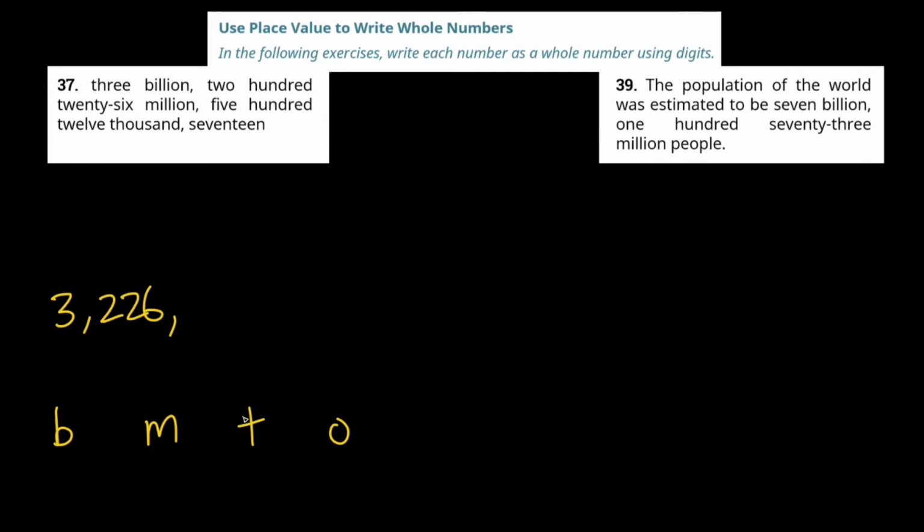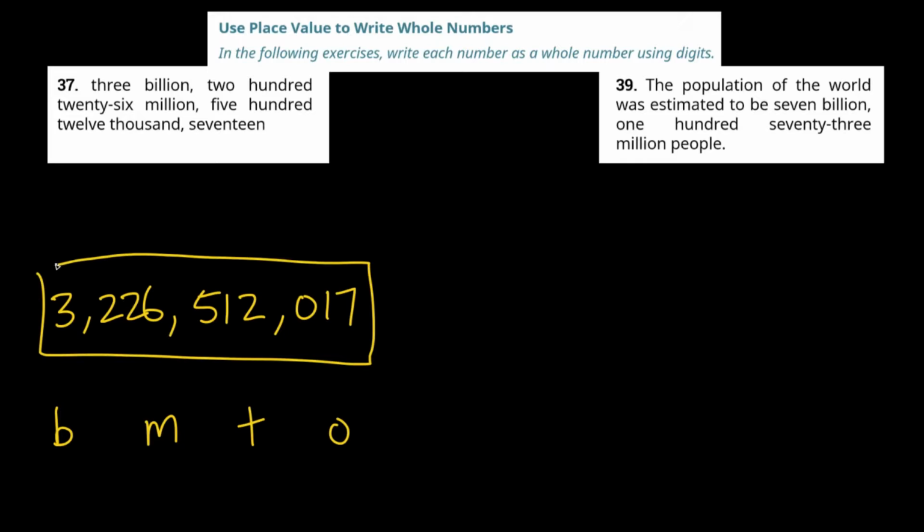Next, we have the thousands period. This number is 512,000. And how many ones do we have? We have just 17 ones. We have no hundreds, but 17 ones. That zero is really important for keeping place value, otherwise it will mess up our number.